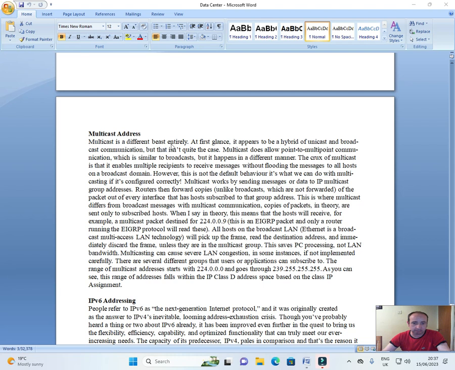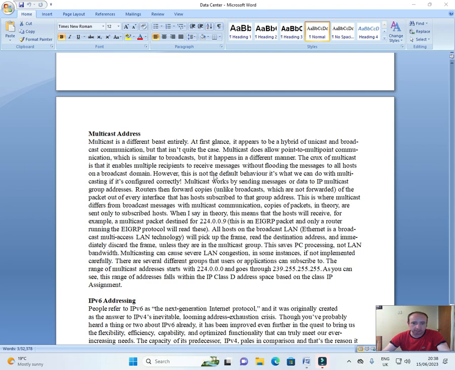Multicast address. Multicast is a different beast entirely. At first glance it appears to be a hybrid of unicast and broadcast communication, but that isn't quite the case. Multicast does allow point-to-multipoint communication, which is similar to broadcast, but it happens in a different manner. The crux of multicast is that it enables multiple recipients to receive messages without flooding the messages to all hosts on a broadcast domain.